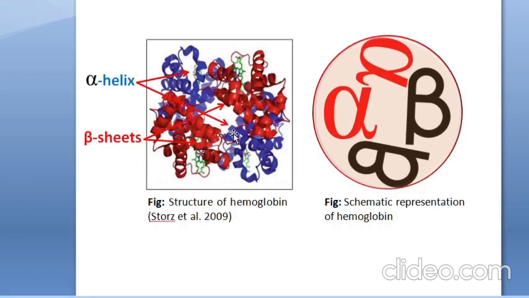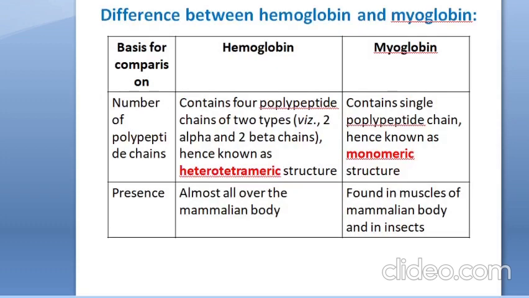Here in this diagram, you can see the presence of two alpha helical structures and two beta sheet-like structures. For your reference, I have drawn this diagram on your right hand side. I have used two alpha symbols and two beta symbols. Together they make up the quaternary structure of protein. And this diagram will help you to memorize this concept for your entrance exam.